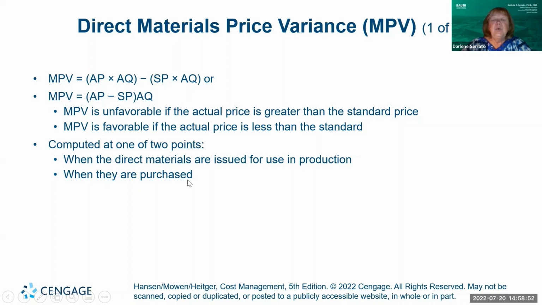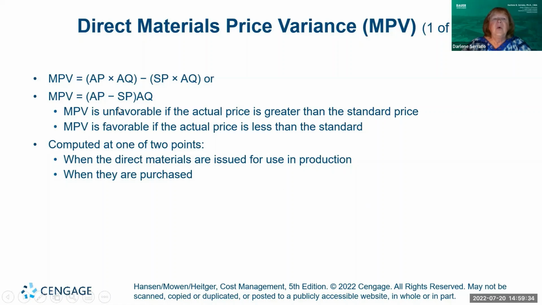When you use the amount that was issued to production, that's AQ used. Then the price variance is the responsibility of the production department. Okay. Once we calculate these variances, the accountant puts them on a report for management. Management then investigates to determine what caused the variances and how they can take corrective action.